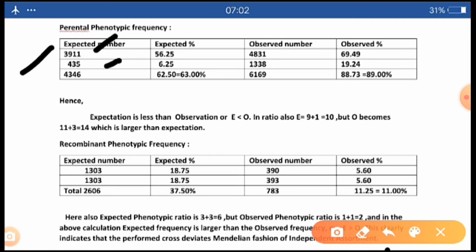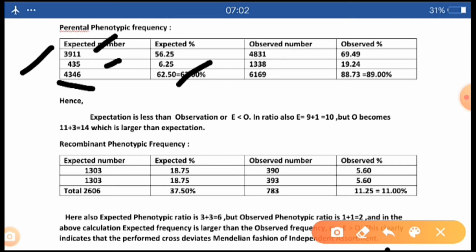This is the expected figure, the expected plants according to the law of independent assortment. It will be 4346, but the observed number is quite different.